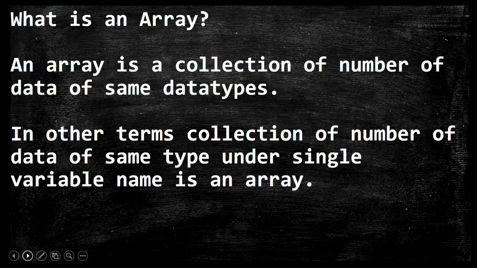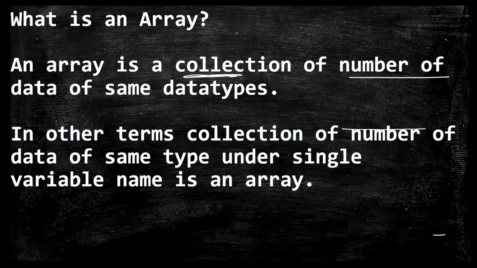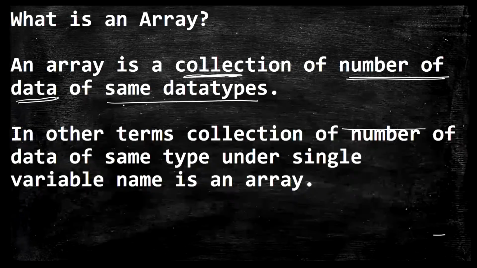So what is an array? Array is a collection of number of data of same data type. In other terms, a collection of number of data of same type under a single variable name is an array. If we underline the key points of the definition, array is a collection of number of data, and the data has to be of the same data type.